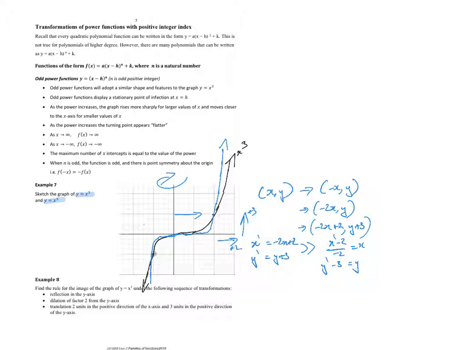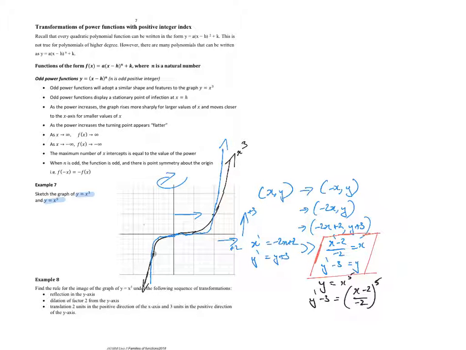Once I've got these two statements, they can go into any rule that I'm interested in. The rule I'm interested in this case is y equals x to the 5. So if y equals x to the 5, that's the same as y dash minus 3 equaling x, which is x minus 2 over negative 2, to the power of 5.